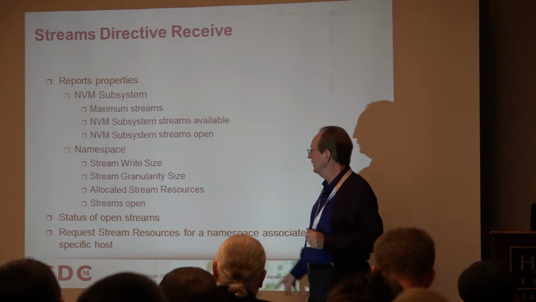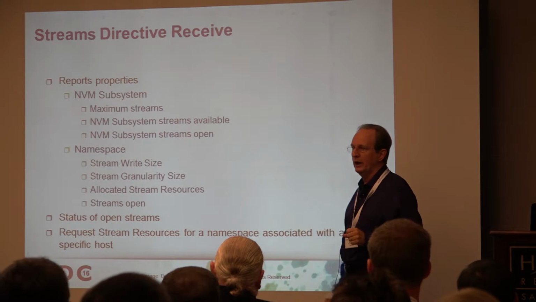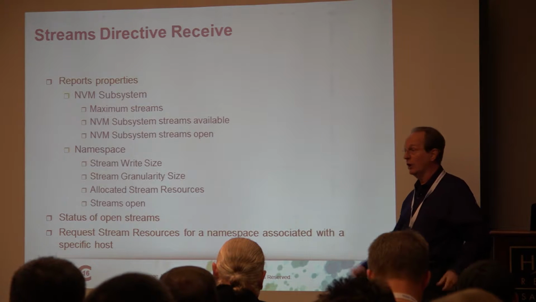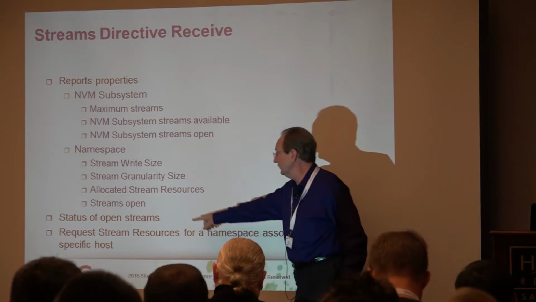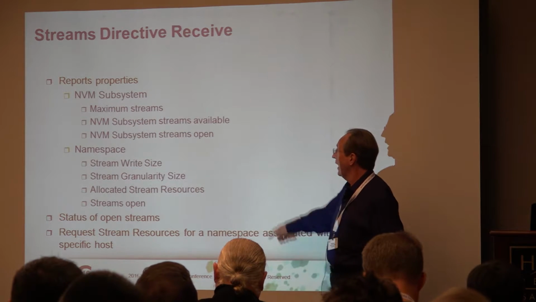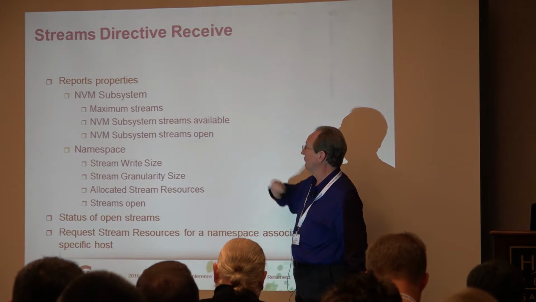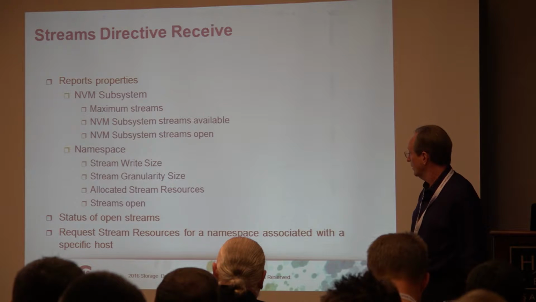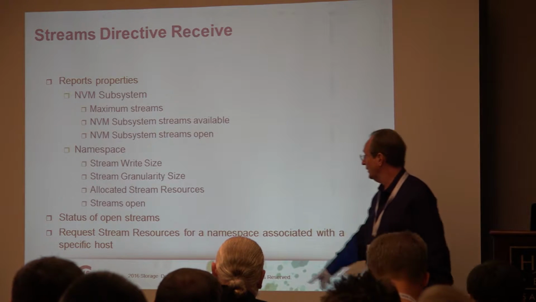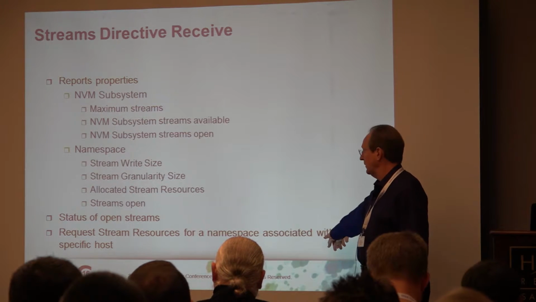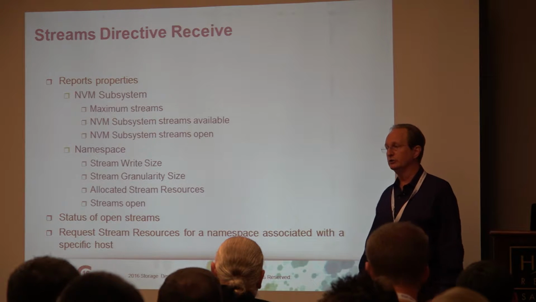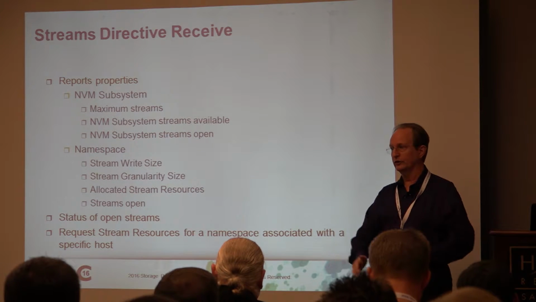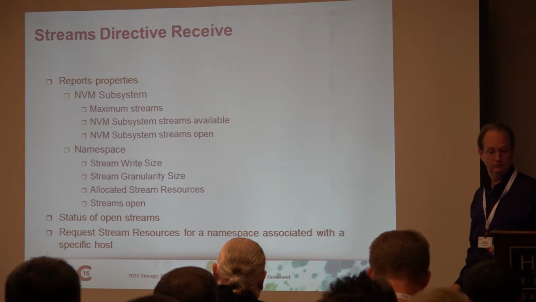If you send this command with a namespace identifier of all Fs, which is asking for all namespaces, then this will be the status of open streams out of this pool of the NVM subsystem streams. And then the last one, request stream resources for a namespace. This is the command that actually allows you to say, this is how many I want reserved and locked down for this particular namespace.